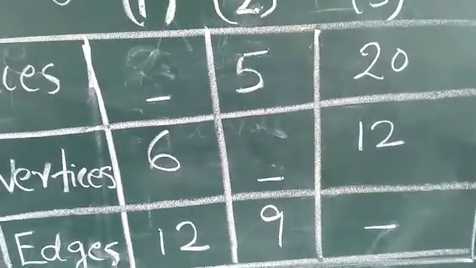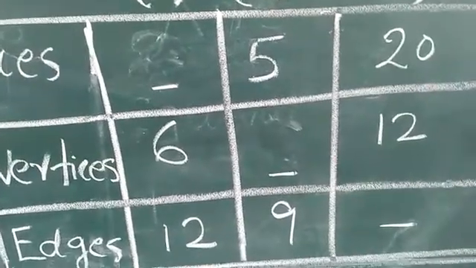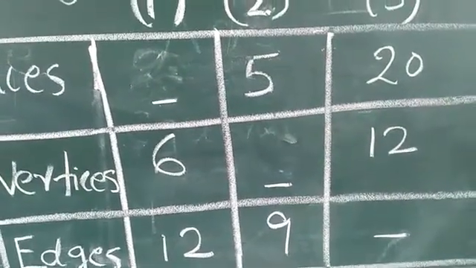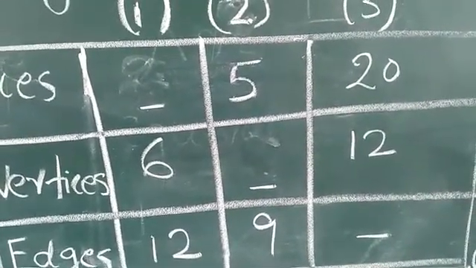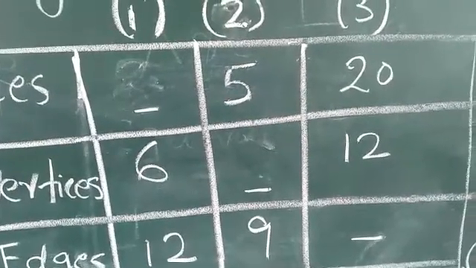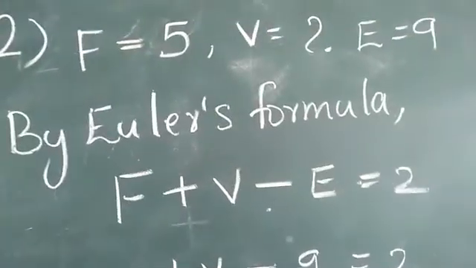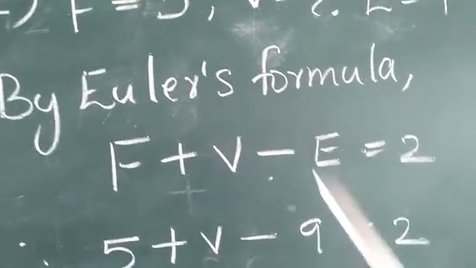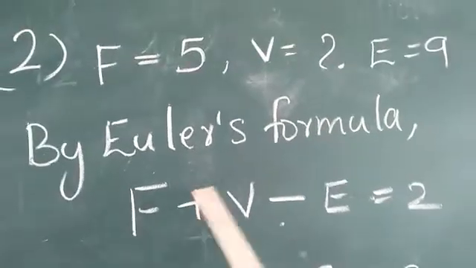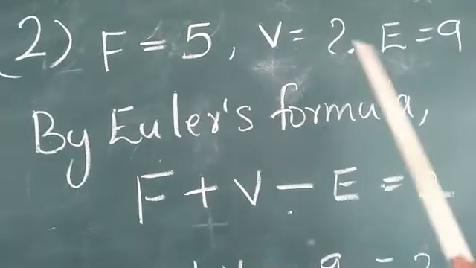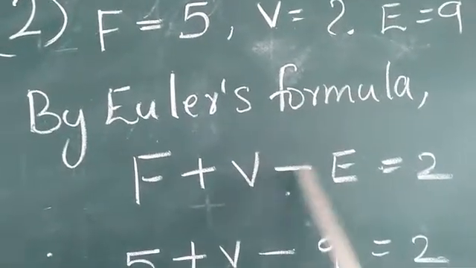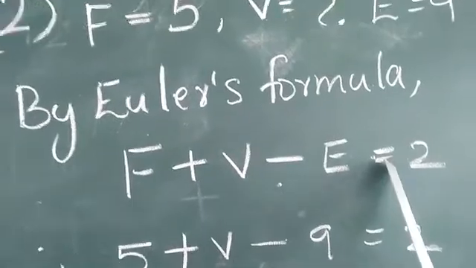From the second column we can understand number of faces 5, vertices we want to find out, edges are 9. So, we can again write Euler's formula, apply the values. F plus V minus E equals 2.